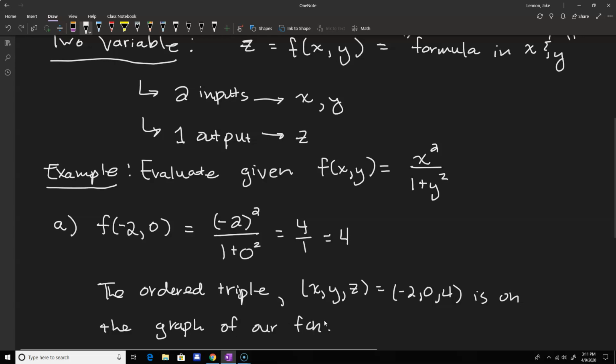And a lot of times these three-dimensional functions can look kind of complicated, so we require some computer software to graph them. If you just want to graph a single point, I can show you how to do that.